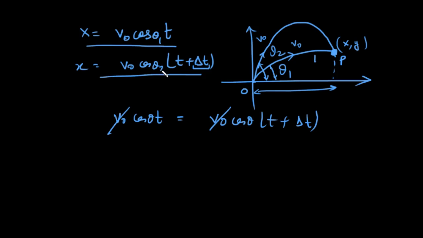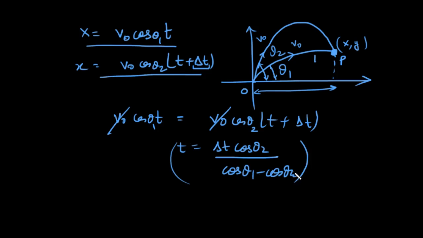This is theta 1 and this is theta 2. So what is t over here? t would be equal to delta t times cos theta 2 divided by cos theta 1 minus cos theta 2. This is the t in terms of delta t, because I have to find delta t, so I will eliminate t.